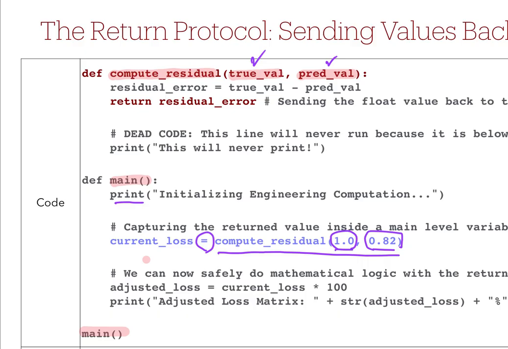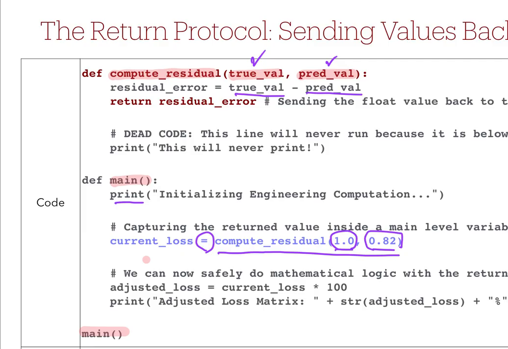So true val will receive 1.0 and print val will receive 0.82. In that case, true val will be a float variable and print val will be another float variable. The type of the variable will be determined based on the values you provide. So if I provide two float numbers, then true val and print val will be defined as float numbers.